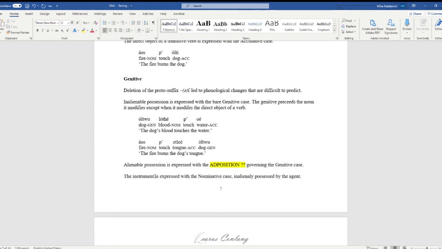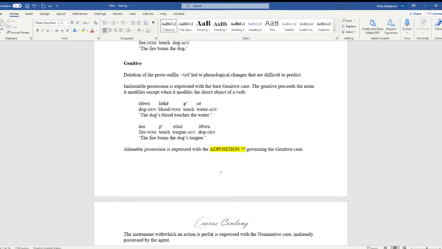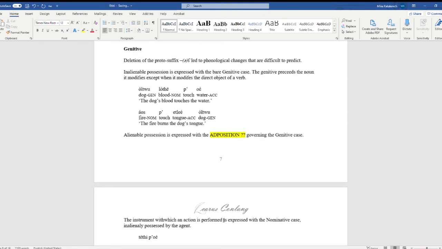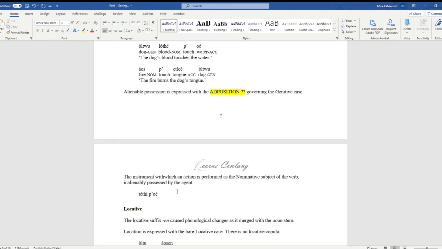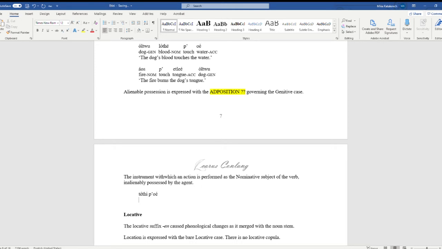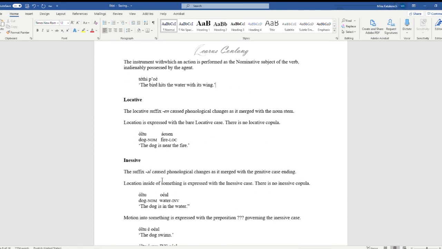The instrument with which an action is performed is expressed as the nominative subject of the verb inalienably possessed by the agent. So, if I want something like the bird hits the water with its wing, then it's really the wing of the bird hits the water.